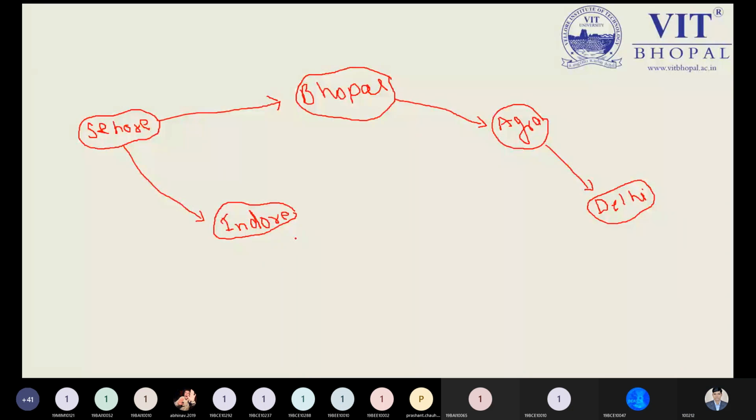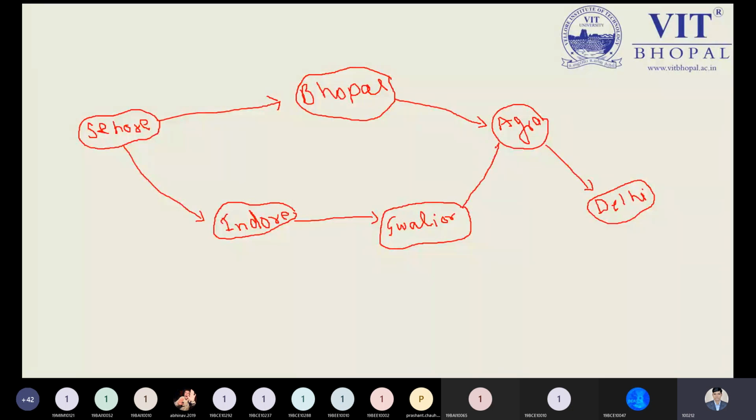So Indore is connected to another city, directly, not indirectly. Directly, we have Gwalior, and in between Gwalior and Indore we have other cities like Guna and Shivpuri. Those students who are aware of such cities are familiar with this.